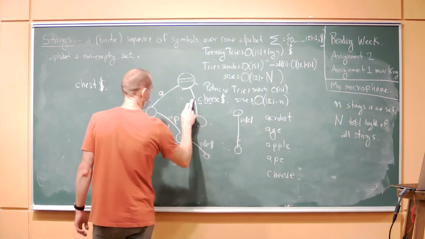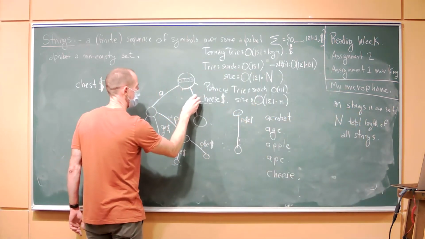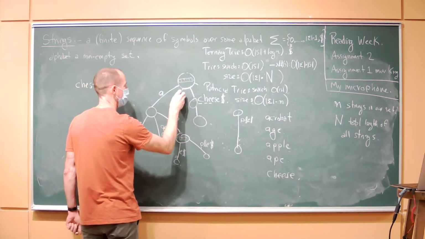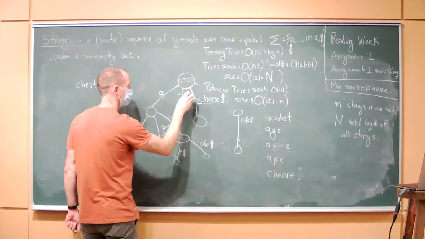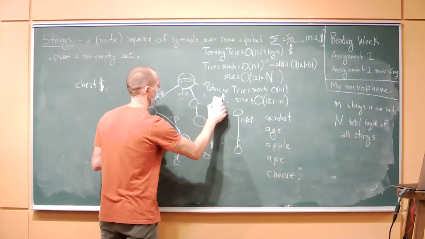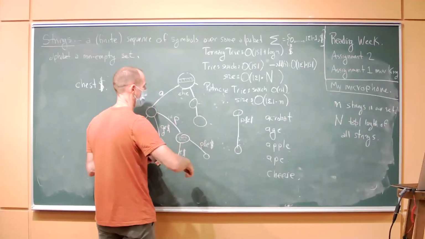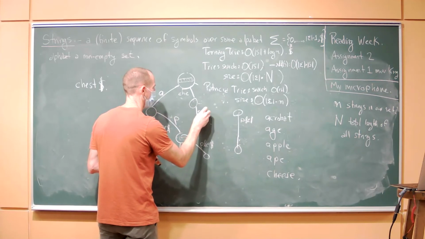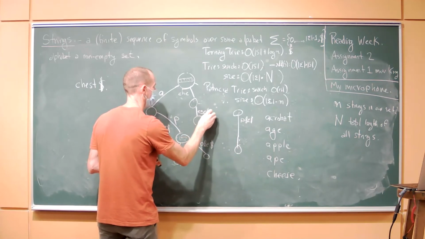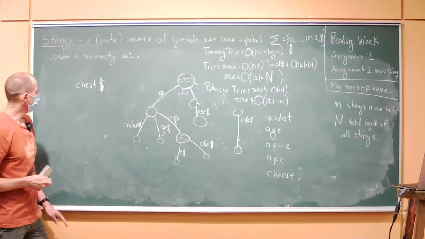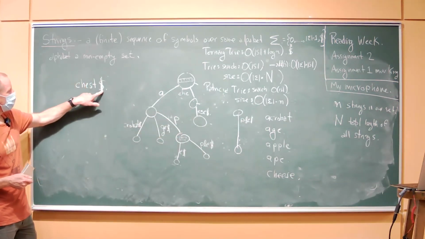Instead, I need to split this edge into two. The top part is going to have the label CHE. The bottom part is going to have SE. And this node that I introduced is going to have another child, which is the rest of this string.